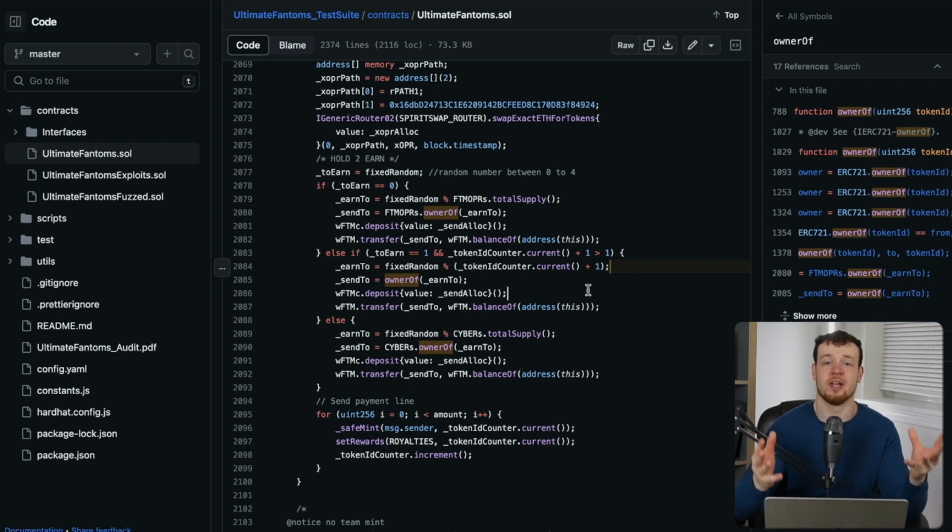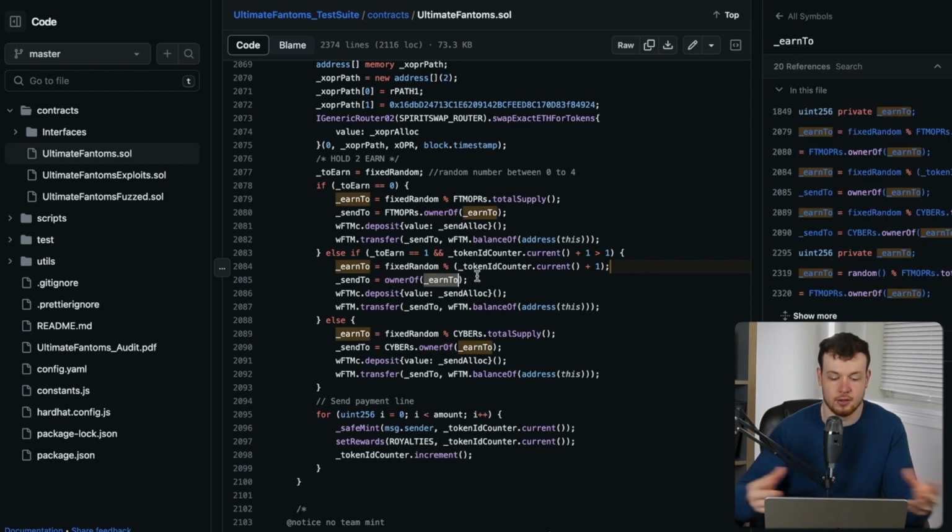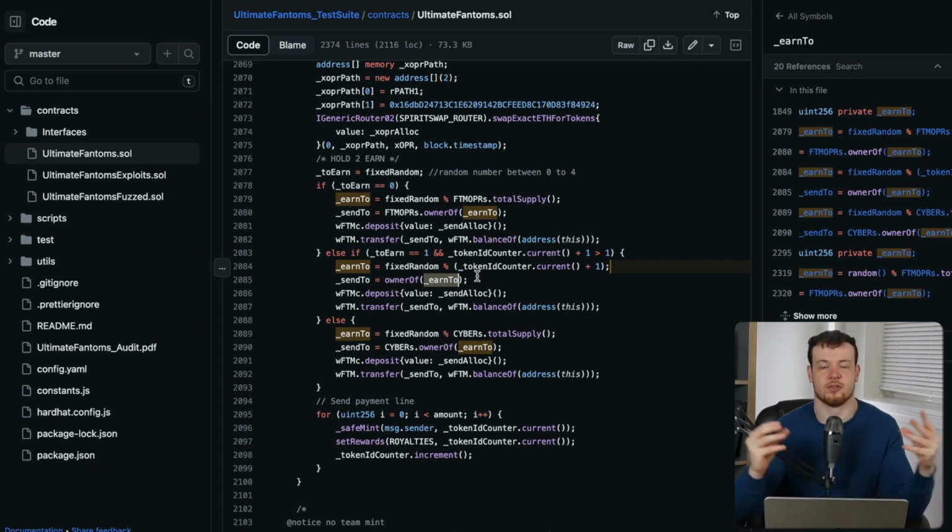So what is the takeaway, and what's the heuristic that we can use to find this in other code bases? Well, first, literally, if you try to get the owner of an NFT ID that doesn't exist yet, then the transaction will revert. But more interestingly, as a class of bugs, there's the classic off by 1 error.